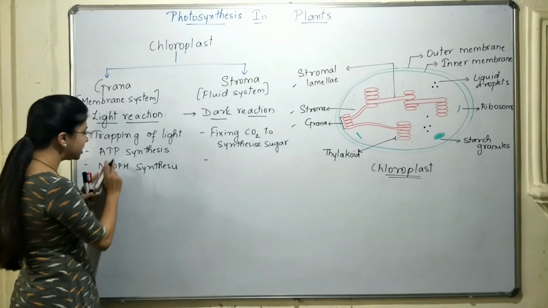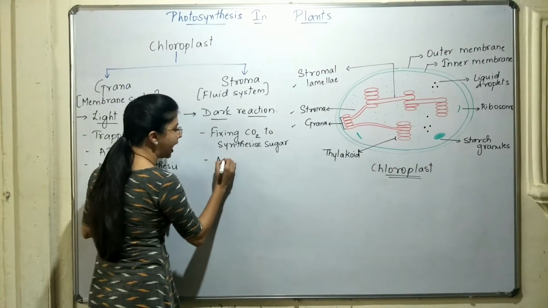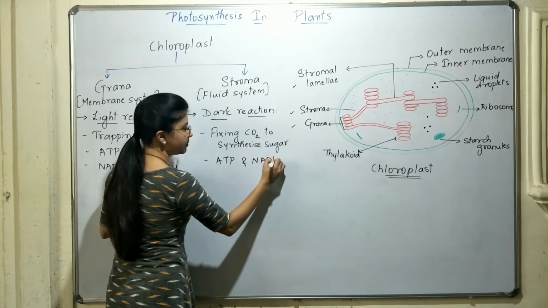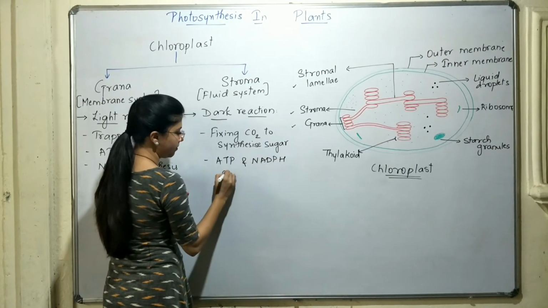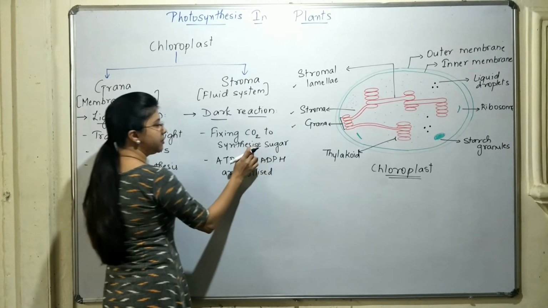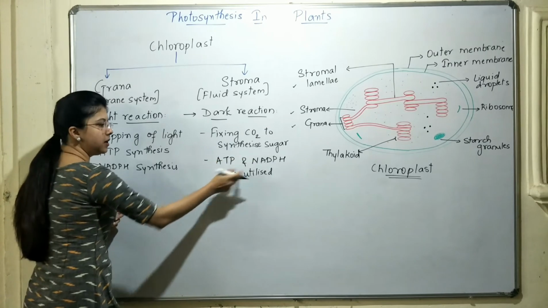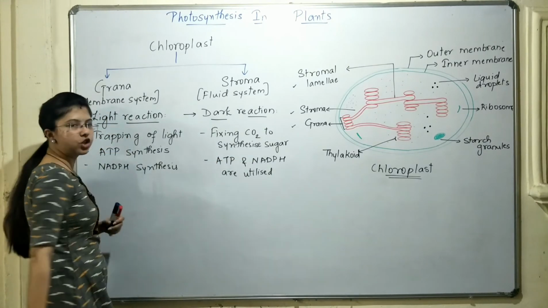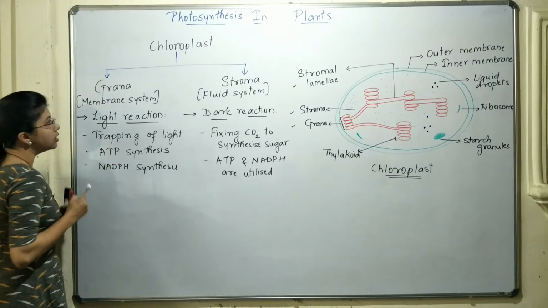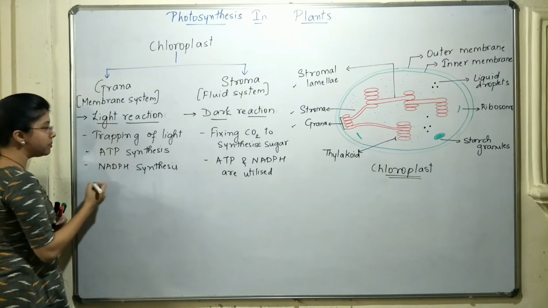By utilizing the products ATP and NADPH. For the same process to take place, this ATP and NADPH, which are the products of the light reaction, are utilized.